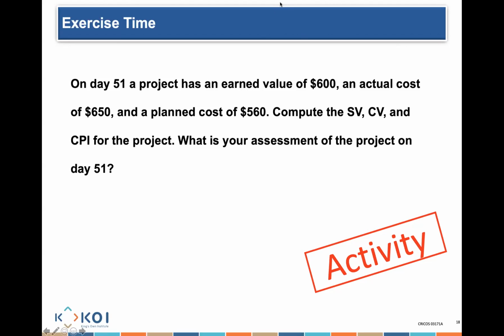Does that make sense? Okay, so when I do the cost performance index, you need to compare it to the cost of the project. And when I do the schedule performance index, I am making a comparison to the schedule of the project, how much I'm doing in terms of the schedule.